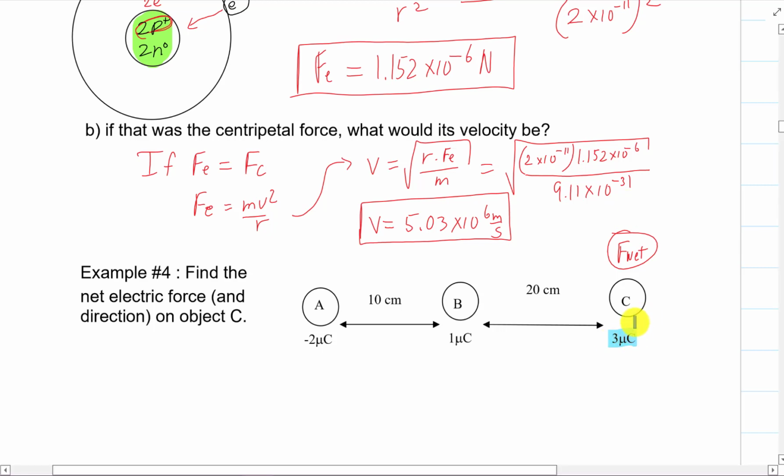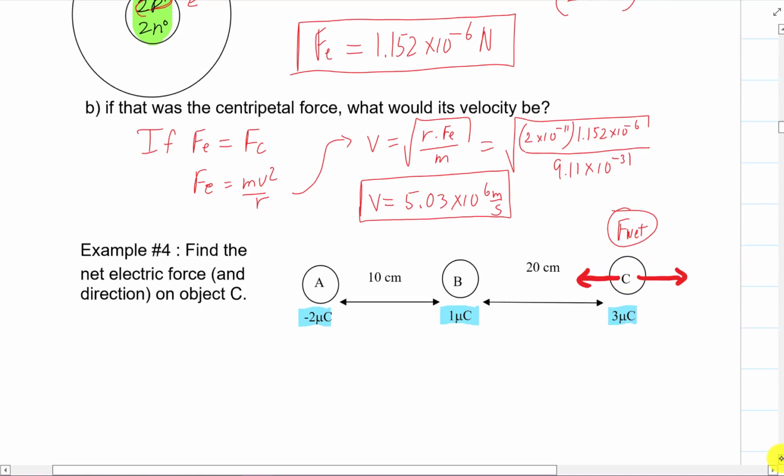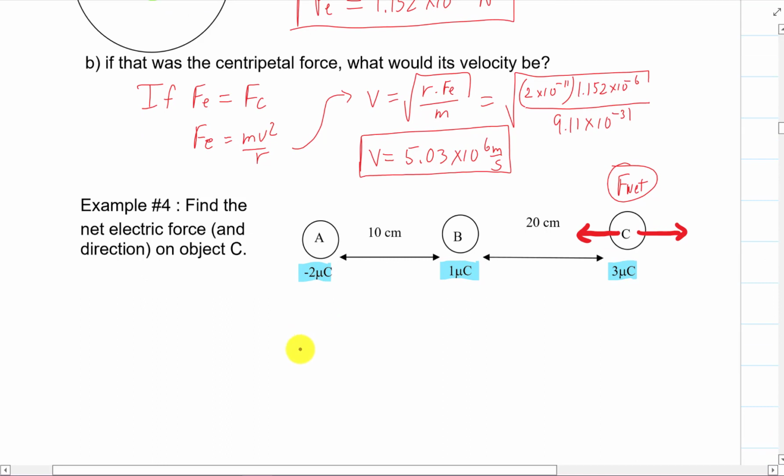This is for homework. A is this, B is this. Pay attention. C is going to be attracted to A, so it's going to be a force this way. C is going to be repelled from B, so it's going to be a force that way. You have to calculate these two forces and add them up. And you can pack up, but this is how you would do it.